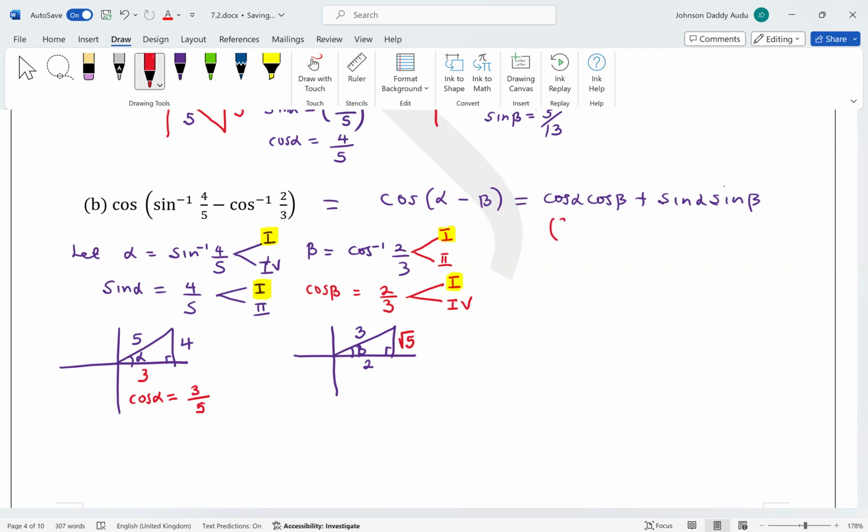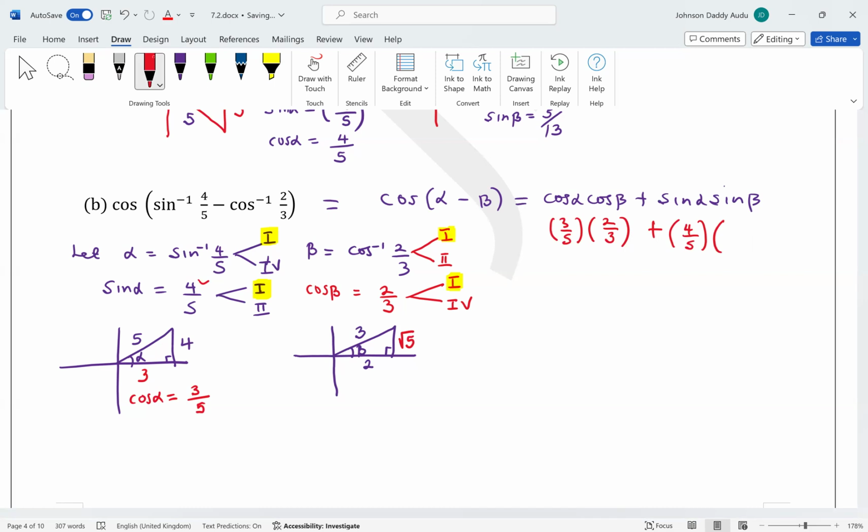So this is going to be 3 over 5 multiplied by cosine beta. Cosine beta, we already know, is 2 over 3, plus then sine alpha. Sine alpha is this, which is 4 over 5. Then sine beta. Where is sine beta?